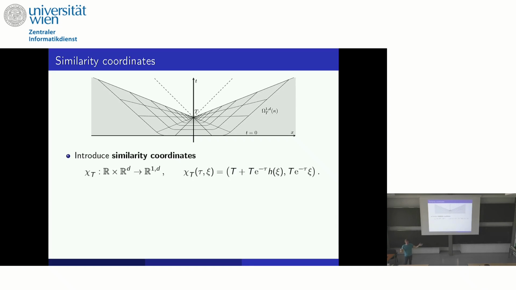Another feature is that it is very well compatible with self-similarity. Their structure scales very well with the self-similar scaling and the scaling behavior of the equations. It is well suited to detect stable blow-up, of course. Then what else?